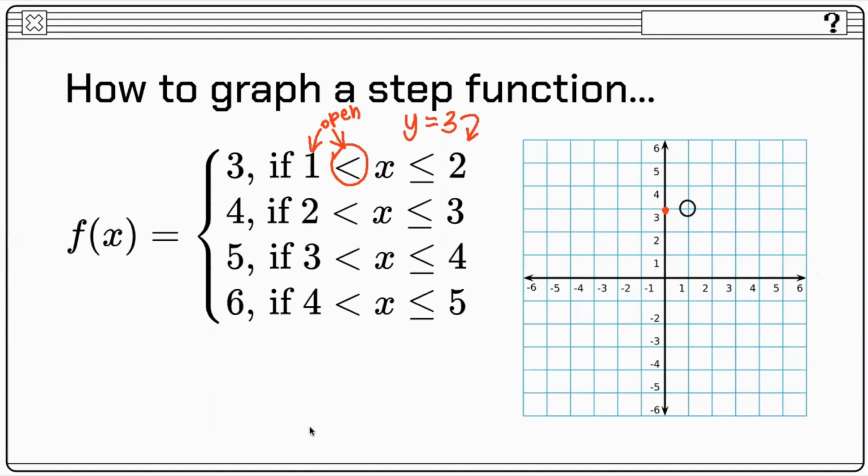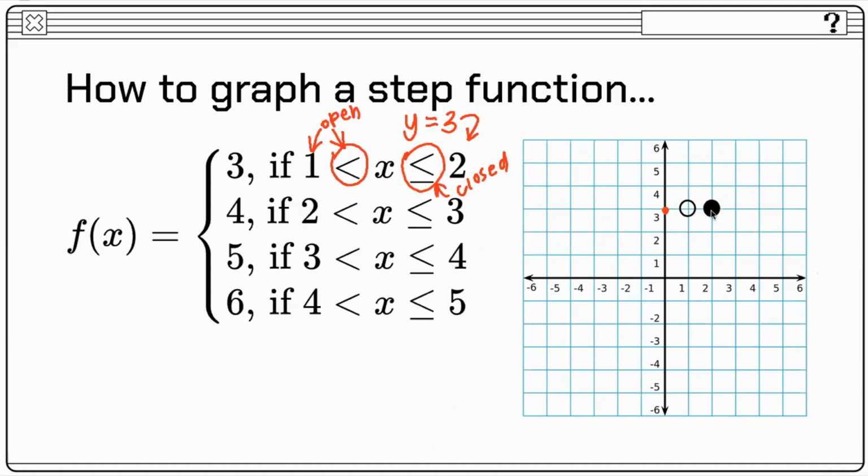And then from there you want to do the same thing for x is less than or equal to 2. Since it's less than or equal to, you want it to be a closed circle at 2 on the x-axis, so that would be right here.